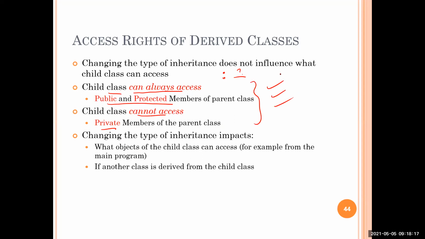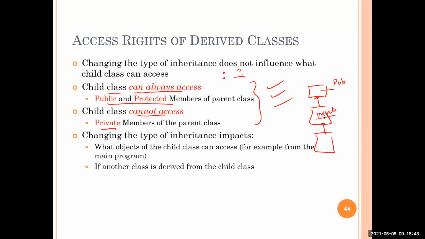The impact will be when you are creating objects of the child class in the main. Okay, there you will have an impact. And another possibility which I'll show you later is that if you are doing inheritance like this, you have a parent class, a child class, and another child class. It is possible that something was public here, but you use private inheritance, so in this class it will become private.